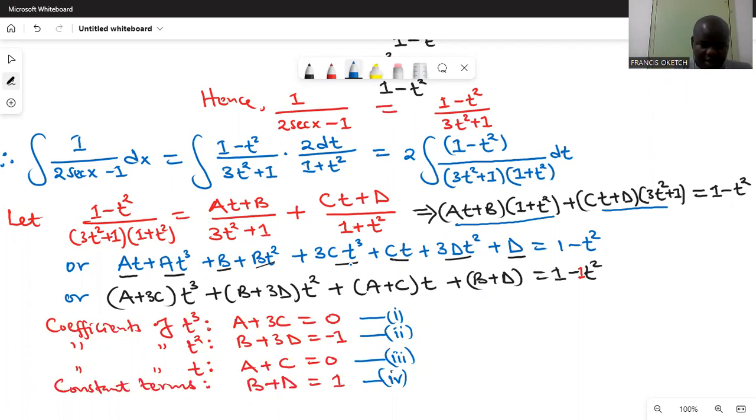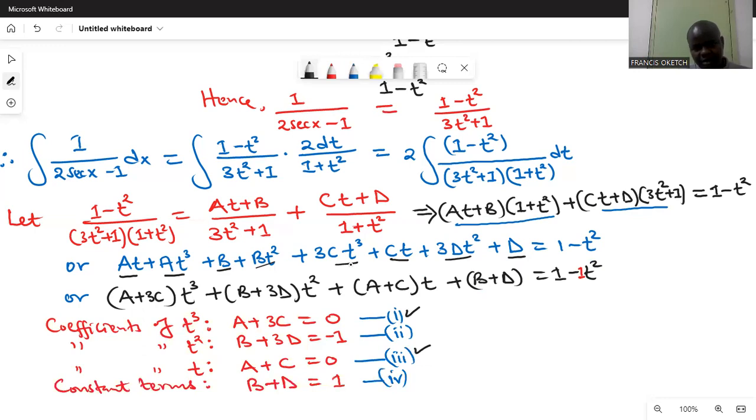Equations 1 and 3 involve a and c. Also, equations 2 and 4 involve b and d. So we can treat 1 and 3 separately and solve them to get a and c.